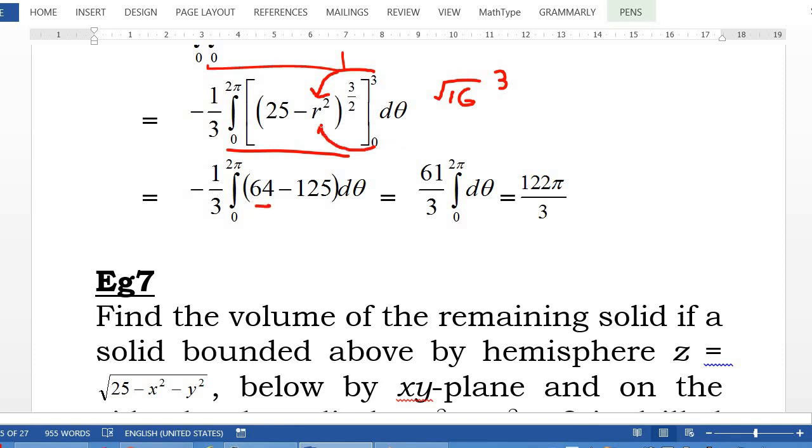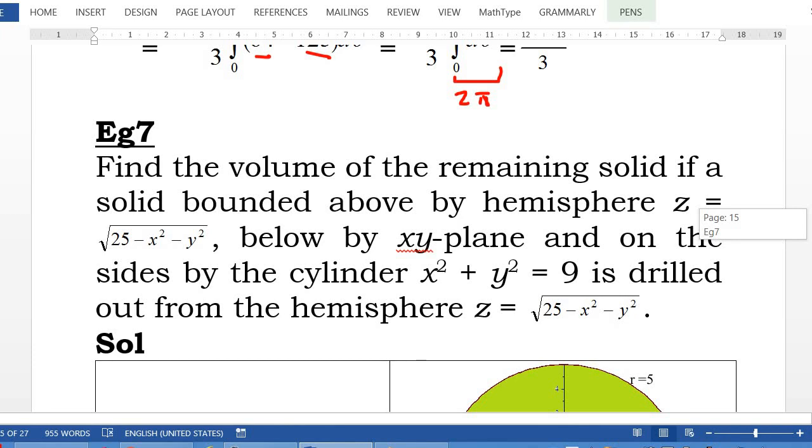When you plug in r equal to 0, you get square root of 25, which is 5, and 5 cubed is 125. So you get negative 61, and the negative becomes 61 over 3. The last integral gives 2 pi, so the total is 122 pi over 3.